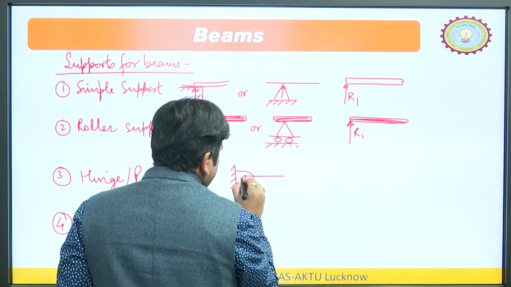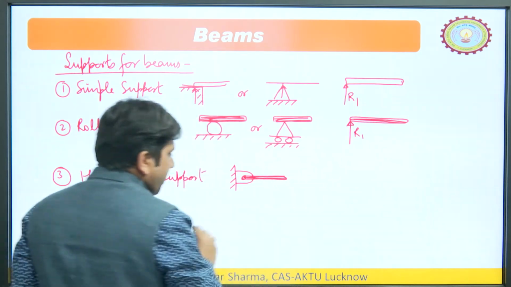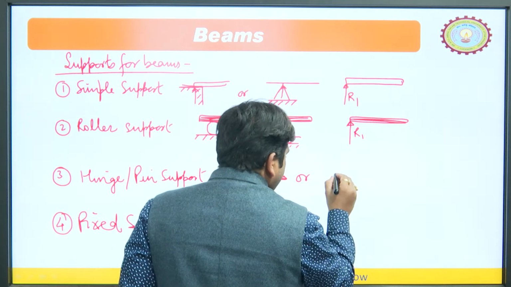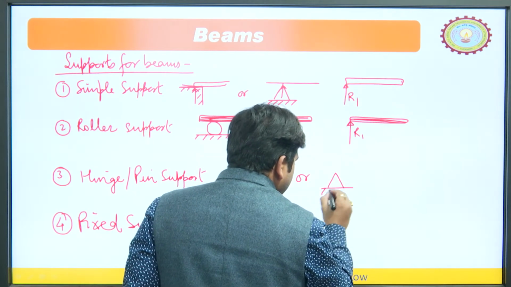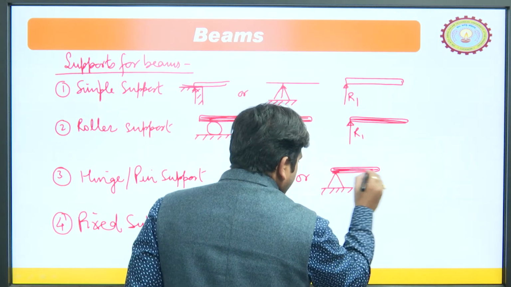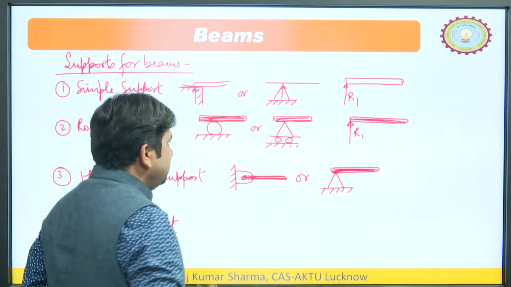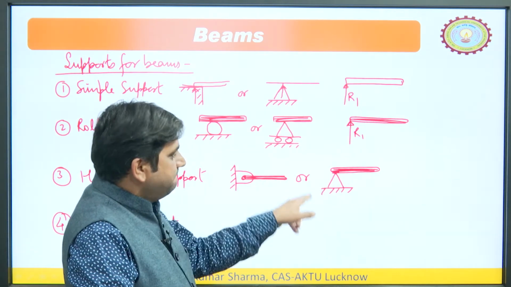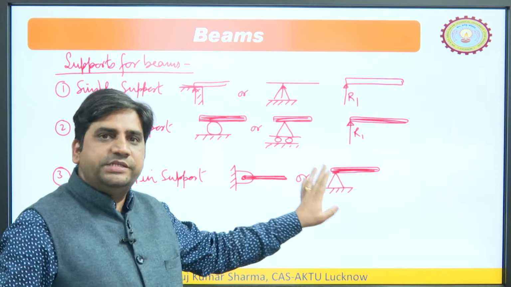Let us say this is the beam and this is the hinge support, or sometimes it is also represented by this. So, by having some experience, we have to identify which type of support it is, because simple support and pin support are sometimes shown by the same kind of diagram.